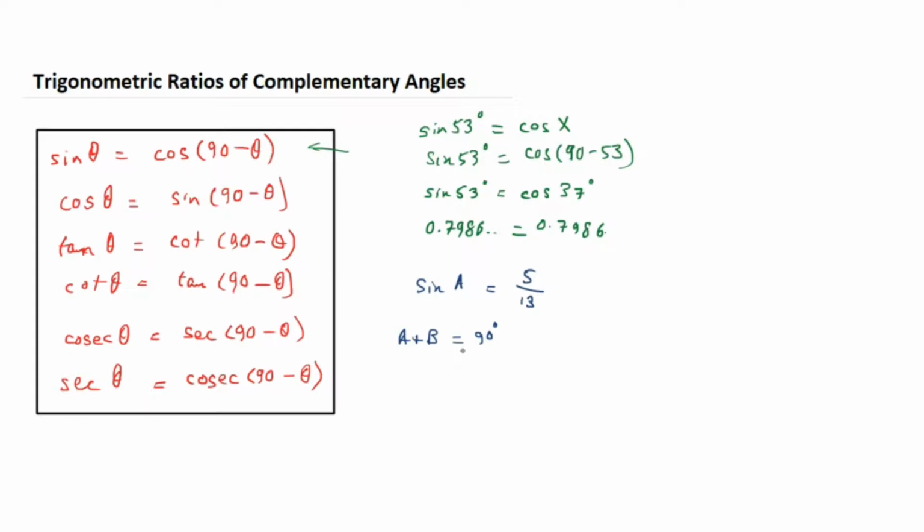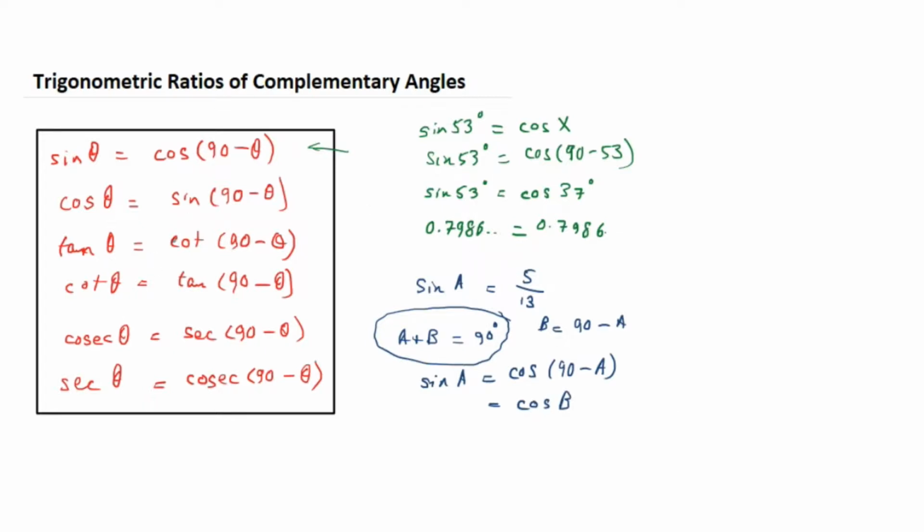So that means now there's no triangle, but we can say that sine of A will be the same as cos of 90 minus A. Now according to this identity, if we subtract A from both sides, we get B is equal to 90 minus A. That means 90 minus A is the same as B, or we can say that sine of A is the same as cos of B.